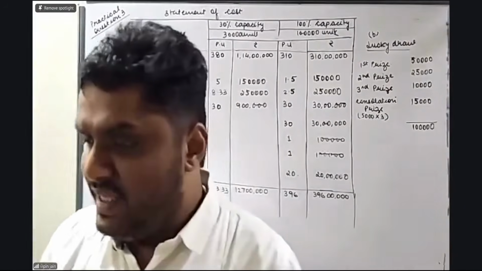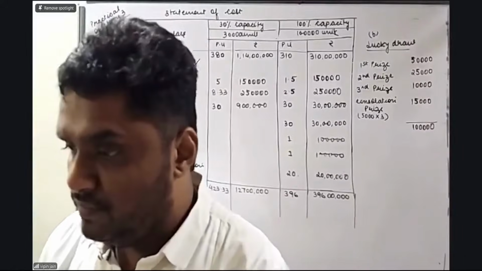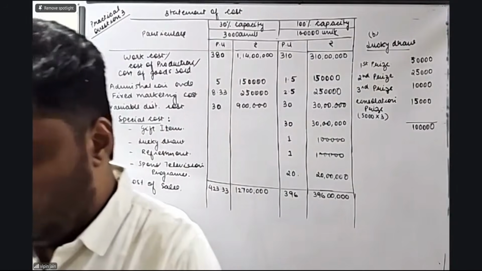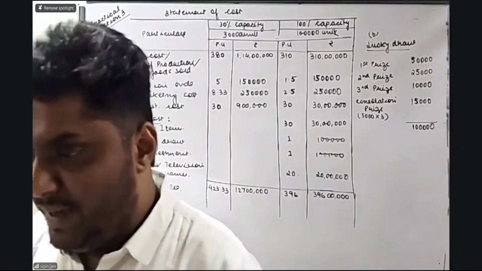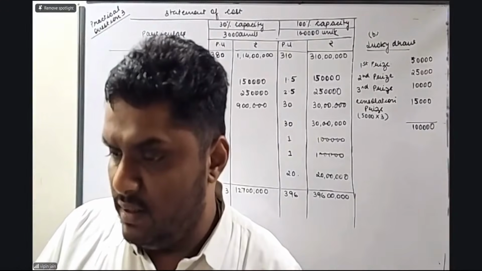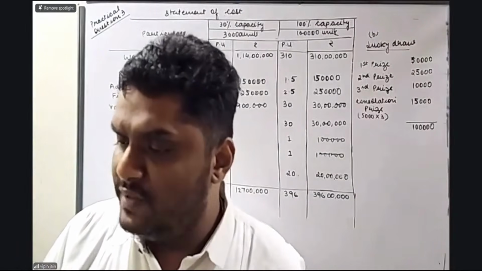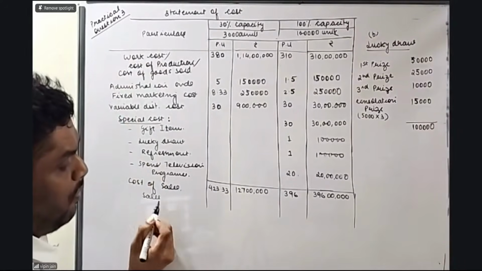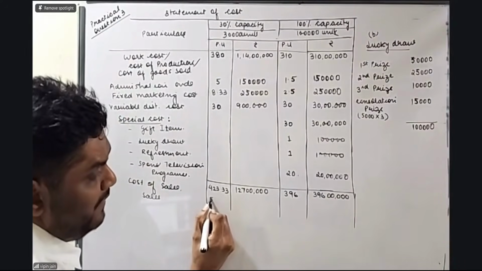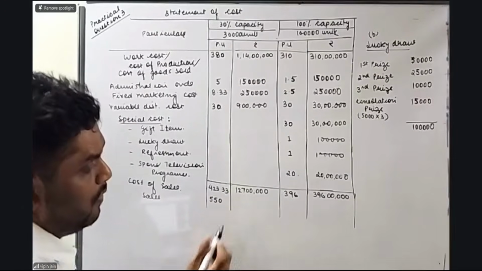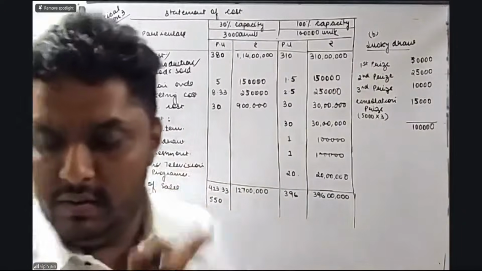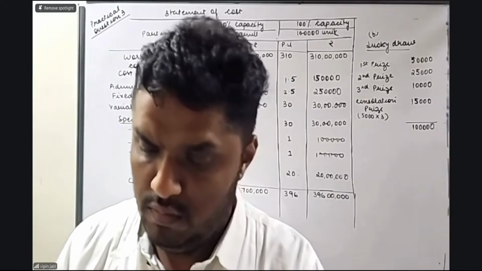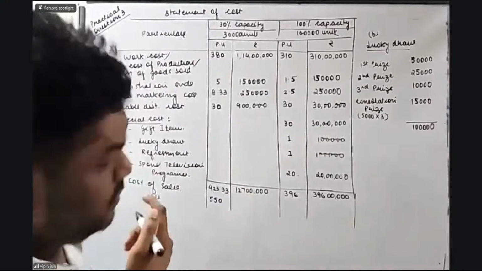When talking about the sales value, it is given in the question that it can market 30% of its output at 550 per unit. So 550 into 30,000 is 1 crore 65 lakh.